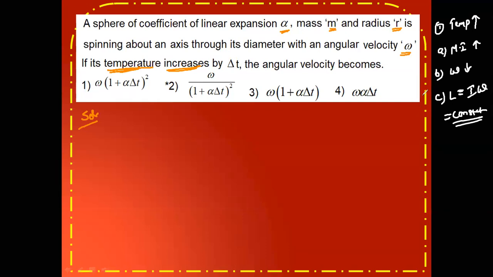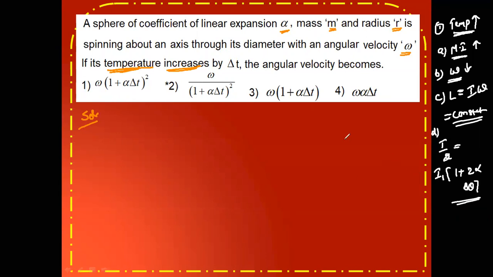So what we have to keep in mind is, when the temperature of a solid increases, its moment of inertia increases and angular velocity decreases. So that only you wrote earlier: I2 is equal to I1 into 1 plus 2 into alpha into delta theta, the formula you wrote earlier.